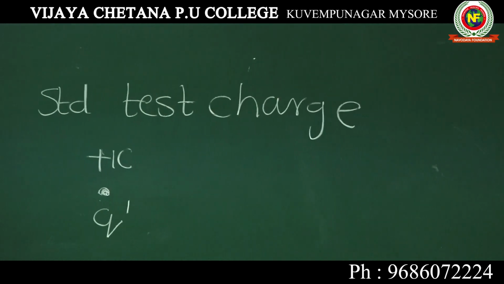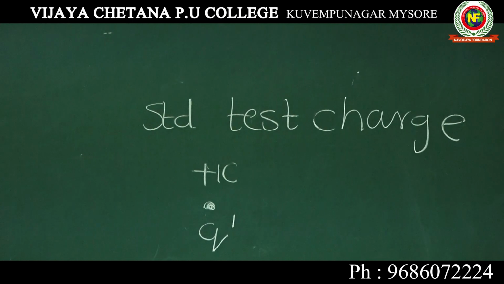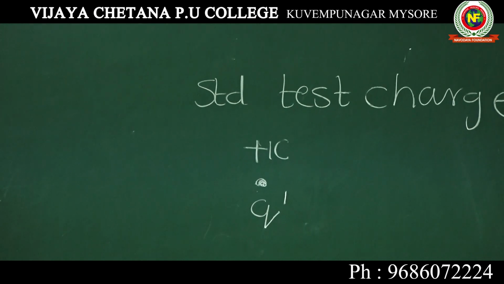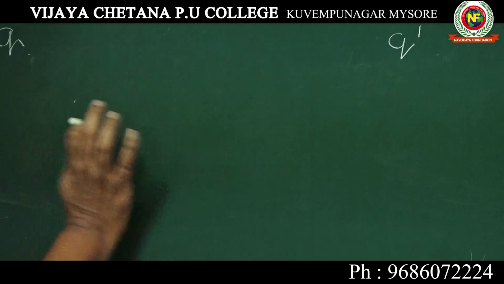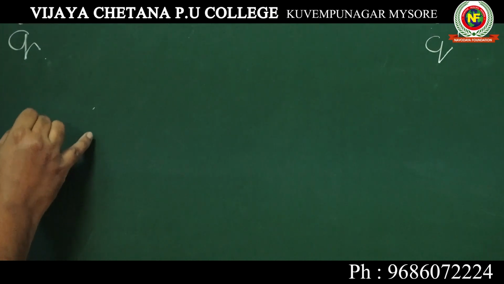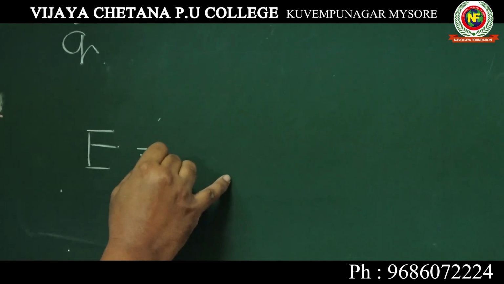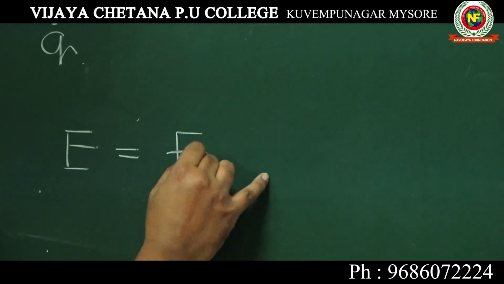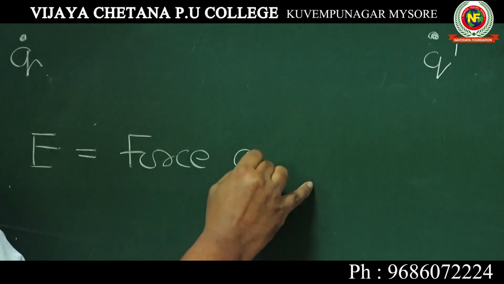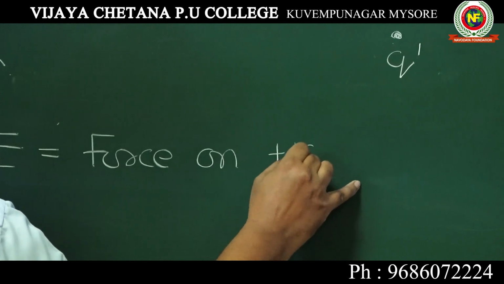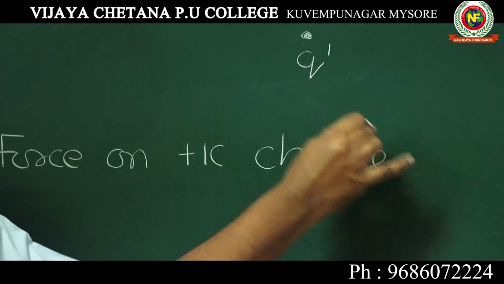So if you measure force on a standard test charge, then you get the strength of the electric field, marked as electric intensity. Therefore, I write like this: electric field strength or electric intensity is nothing but the force on a +1 coulomb charge kept at that point.